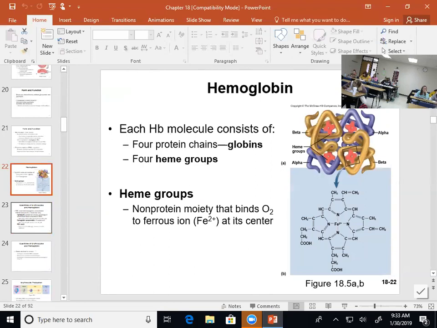But if you don't have iron, can you make it? No, that would be like telling a builder to build me a doghouse, but not giving them any of the materials, right? It's an element that you have to have. So it's one of the more common reasons for anemia. It's called iron deficiency anemia, but certainly it's just one of many different reasons for anemia.